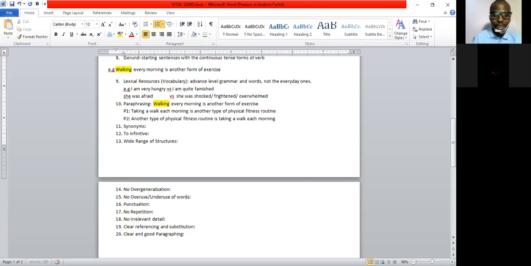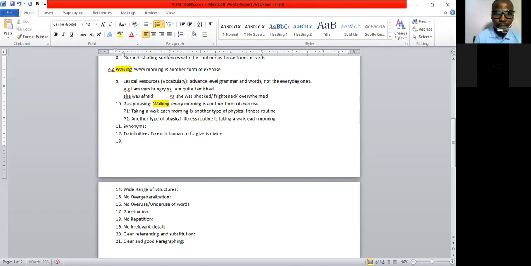Now, another thing that will help you to put you off as a good student of English language, and increase your proficiency rating in English language, is to write in to-infinitive. To err is human, to forgive is divine, is a typical example of writing in to-infinitive.